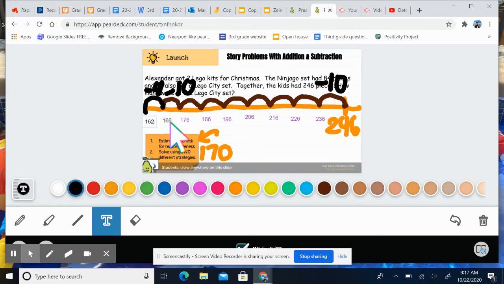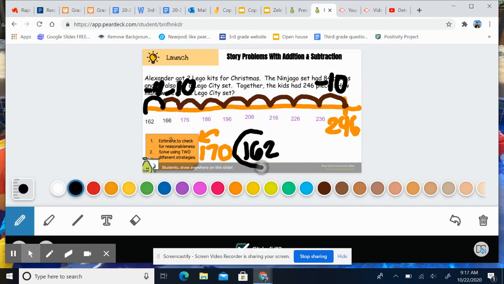Or you can use single digits, 6, 5, 4, 3, 2, and then put a 2 in your ones place. Okay, so that's how you use a number line for that, and 162 is pretty close to our estimate. So I can go ahead and just record that I got that for the number line, but then I always want to check with another strategy to see if I'm on the right track.